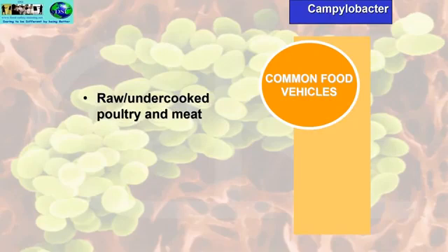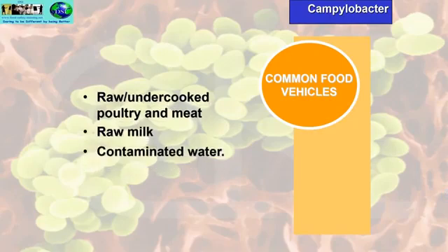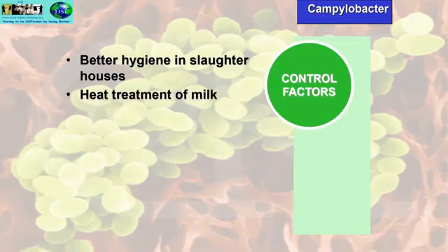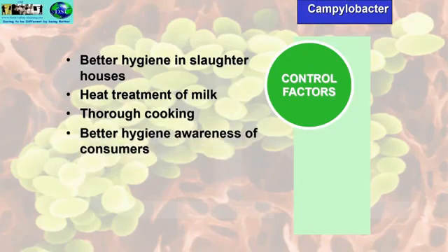Common food vehicles: raw, undercooked poultry and meat, raw milk, and contaminated water. Control factors: better hygiene in slaughterhouses, heat treatment of milk, thorough cooking, better hygiene awareness of consumers. Again, that's a good point.